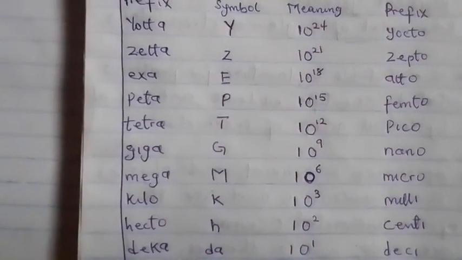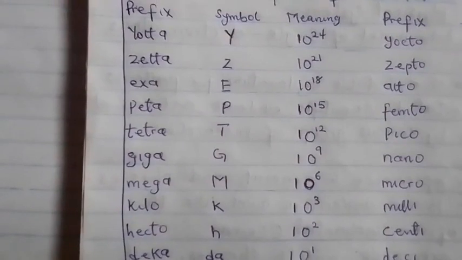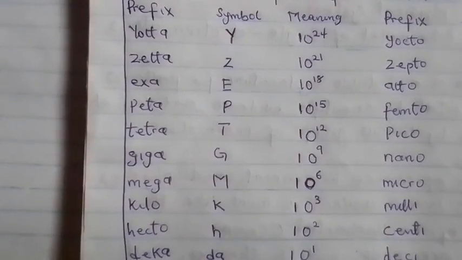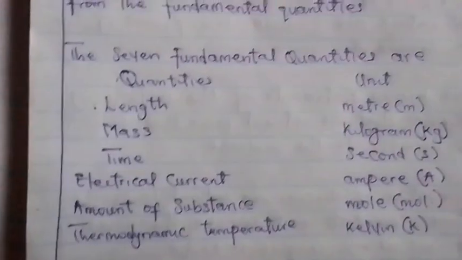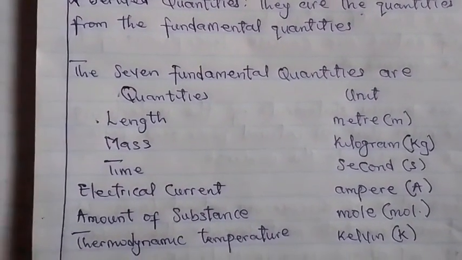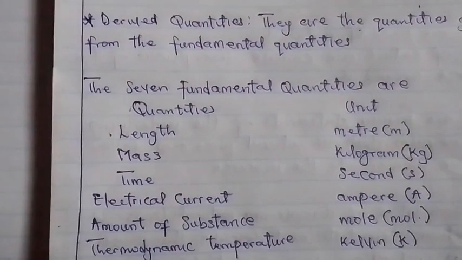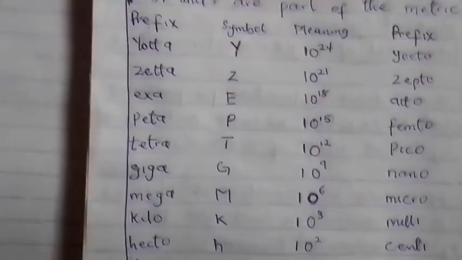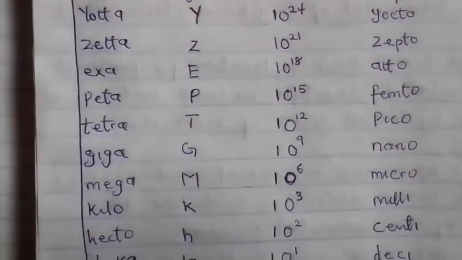Kilo, for example, is 10 raised to 3. For seconds, the unit of time is second, so we can have units such as kilosecond. So 1 kilosecond is 10 raised to 3 second. We have hecto. Hecto is 10 raised to 2.